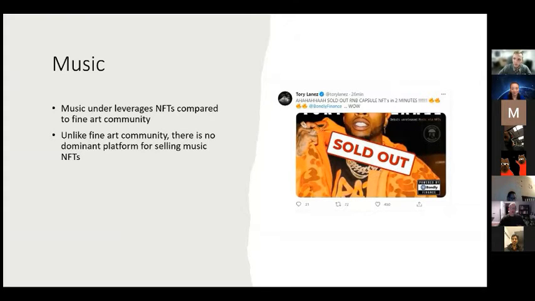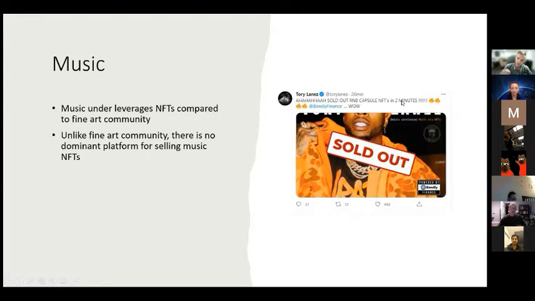So the greatest success, to my knowledge, so far has been Tory Lanez, who sold over $1 million worth of NFTs. He actually sold 1 million NFTs at $1 each within a minute or 2 minutes of putting it up for sale. And here we have his tweet talking about that.